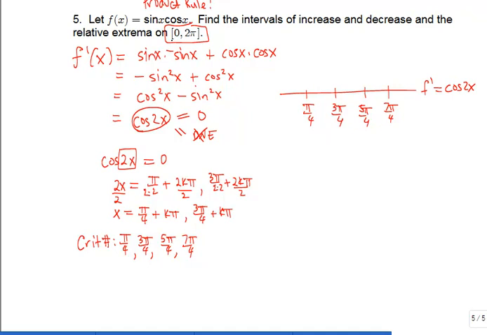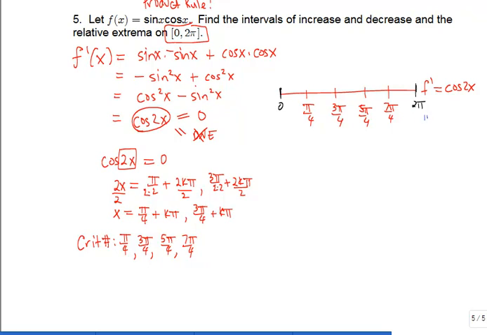We were given this interval 0 to 2 pi, so to make sure that I stay within that interval when I'm doing my test points, I'm going to put a 0 here and a 2 pi here. And those aren't technically critical numbers, but it's just a reminder of where I want to start and stop. So let's test anything between 0 and pi over 4. So you could try something like pi over 6, okay?